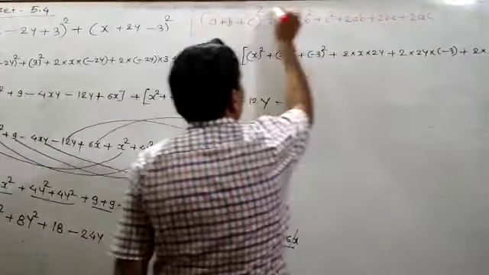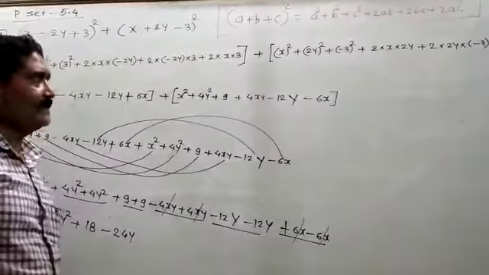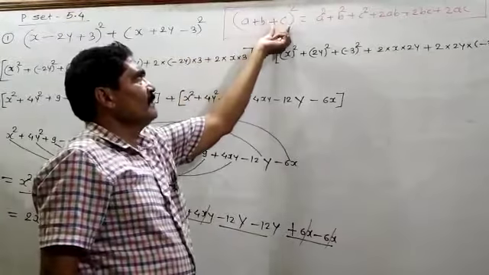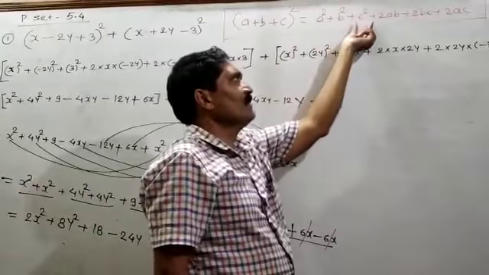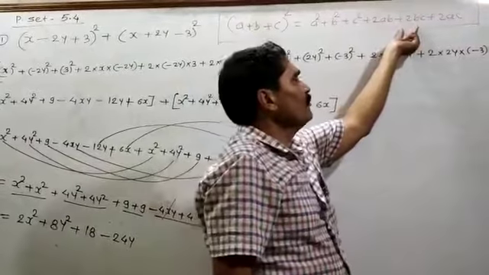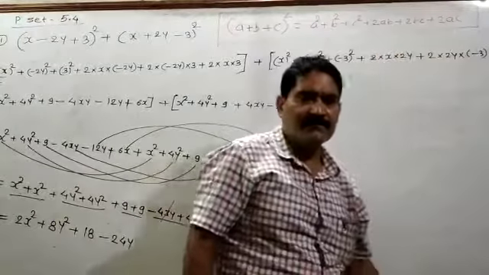This identity you have to utilize when solving this example. The identity is like this: (first term + second term + third term)² = first term² + second term² + third term² + 2 into first term into second term + 2 into second term into third term + 2 into first term into third term.